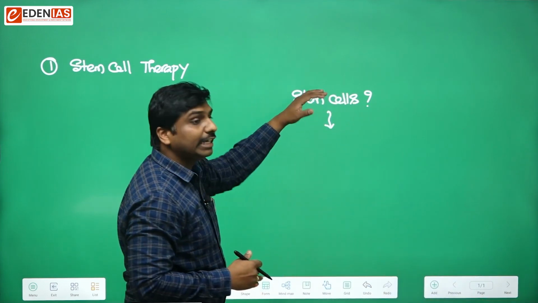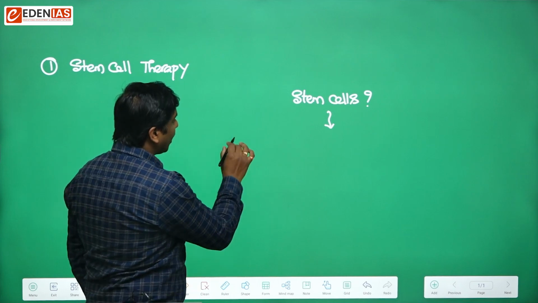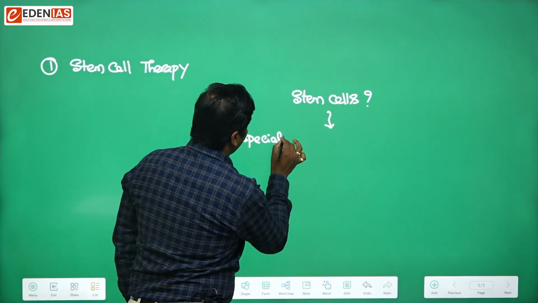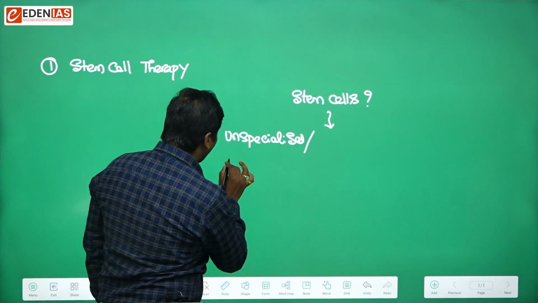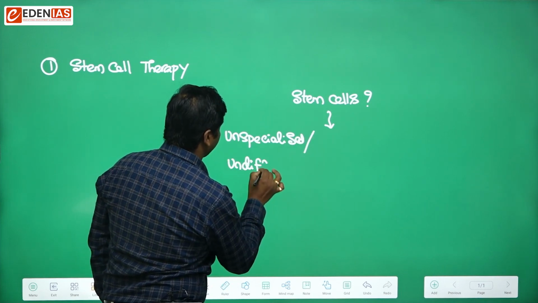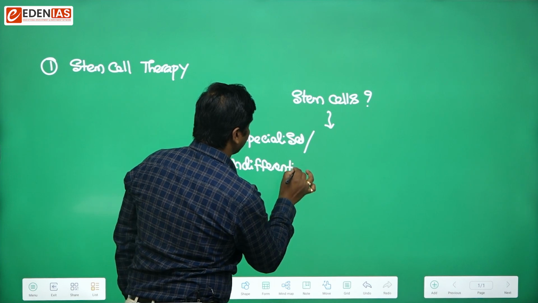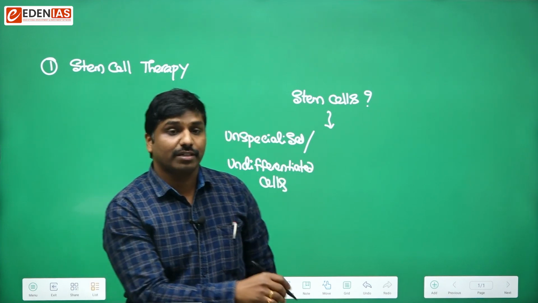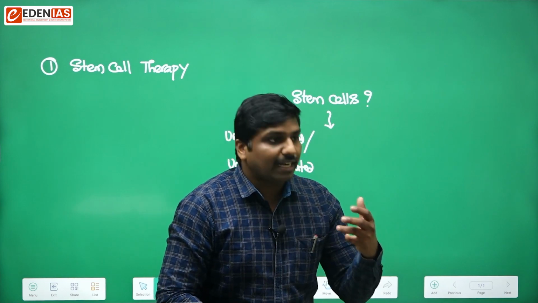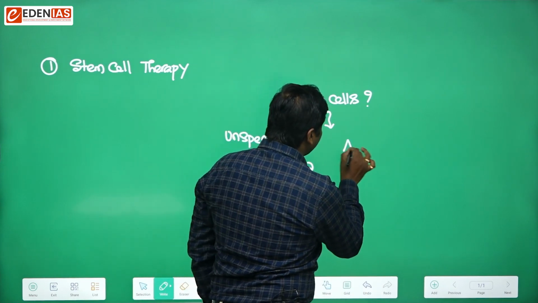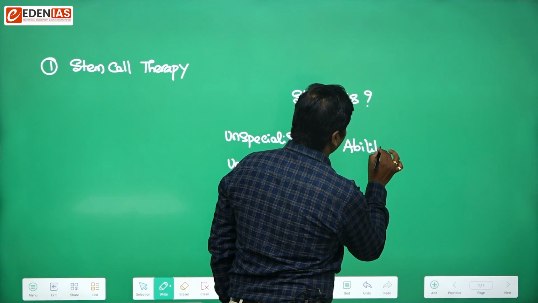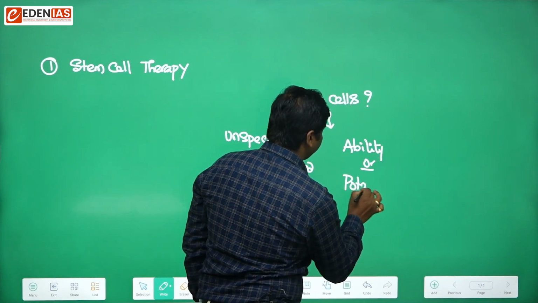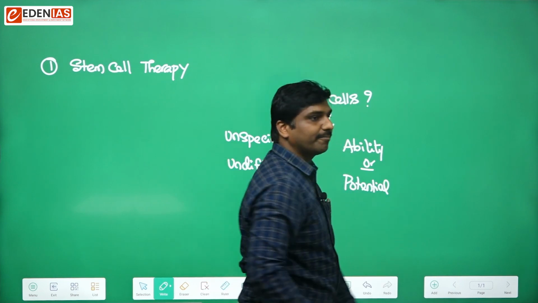But if we generally talk about stem cells, they are unspecialized and undifferentiated cells, which will have a kind of ability or potential.